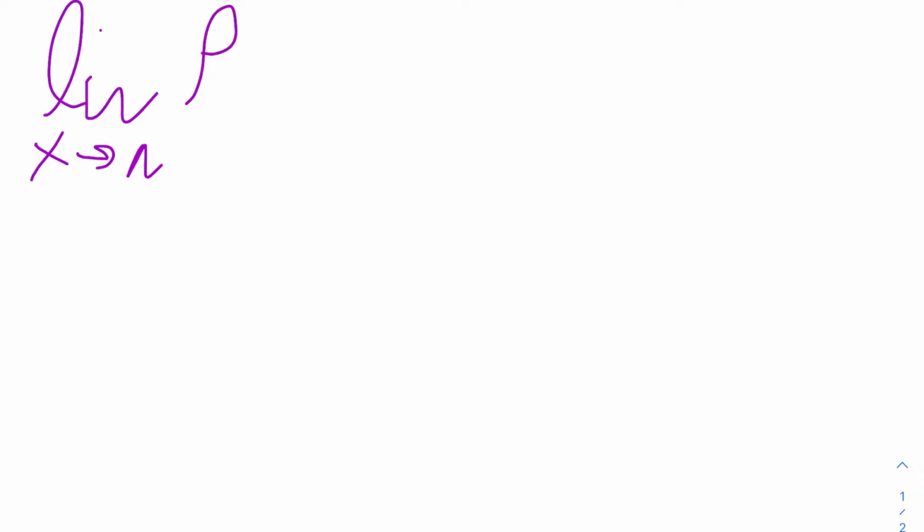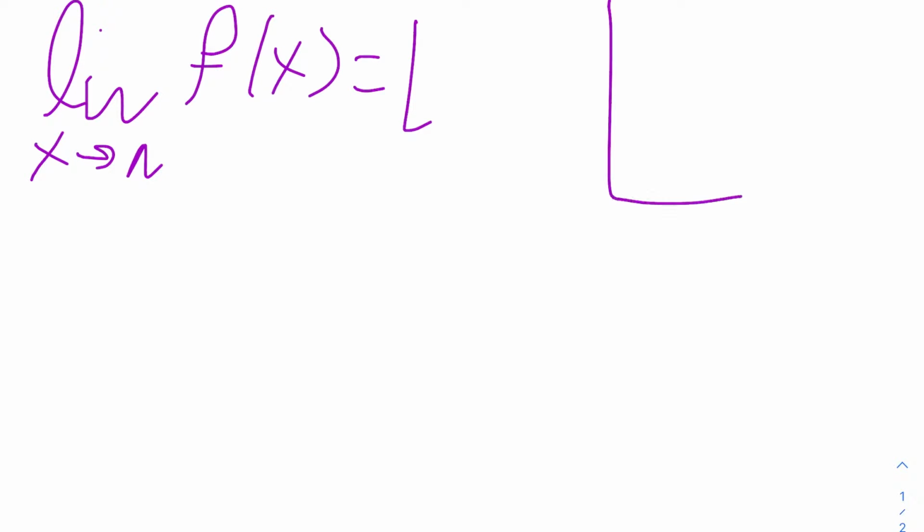So let's say that we know that the limit as x approaches a of f of x exists and it equals L. So let's look at a graphical example to actually visualize this. So here are x and y axes, and we will draw the graph.